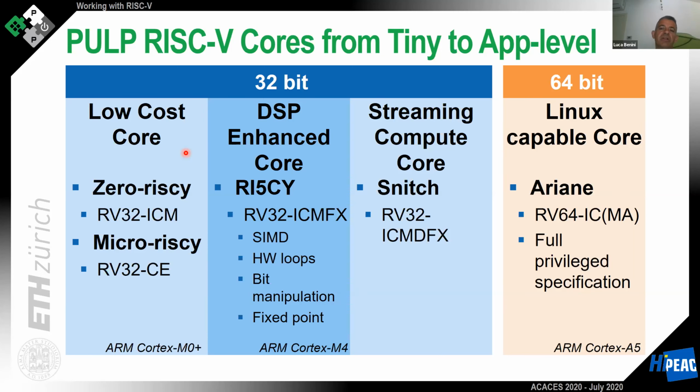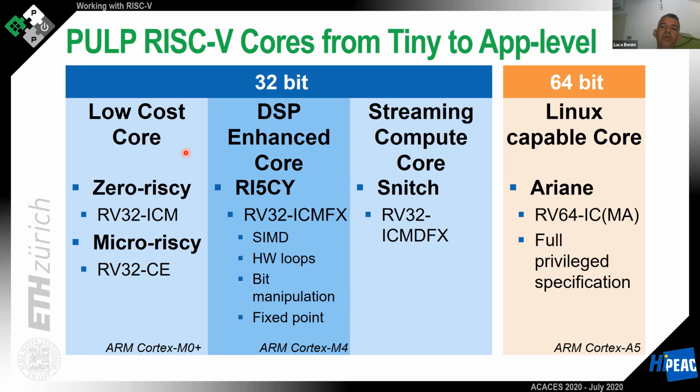Nevertheless, there are several 64-bit cores, most notably, in addition to ours, for example, the Rocket and Boom cores developed by Berkeley, and their commercial versions that are available through SiFive. And there are also other implementations of 64-bit cores that are available in the open domain.